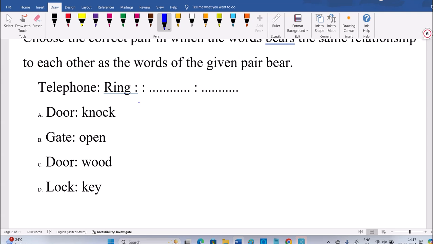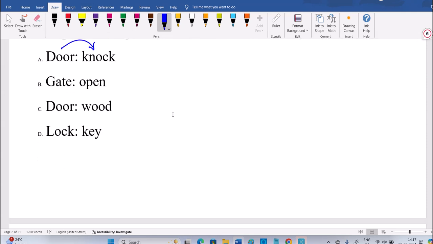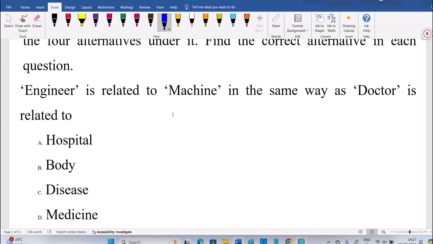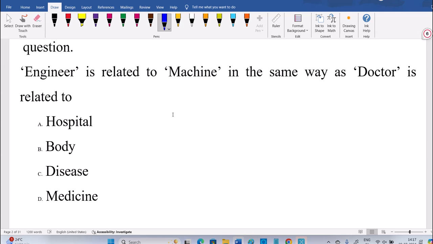Analogy. Telephone will be ringing, door will knock. So analogy is a concept in terms of words. A pair has certain logic. Engineer is related to mission.